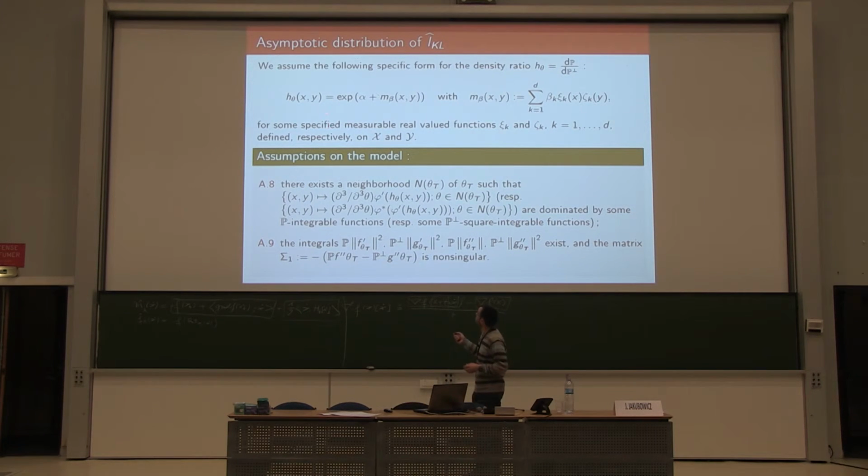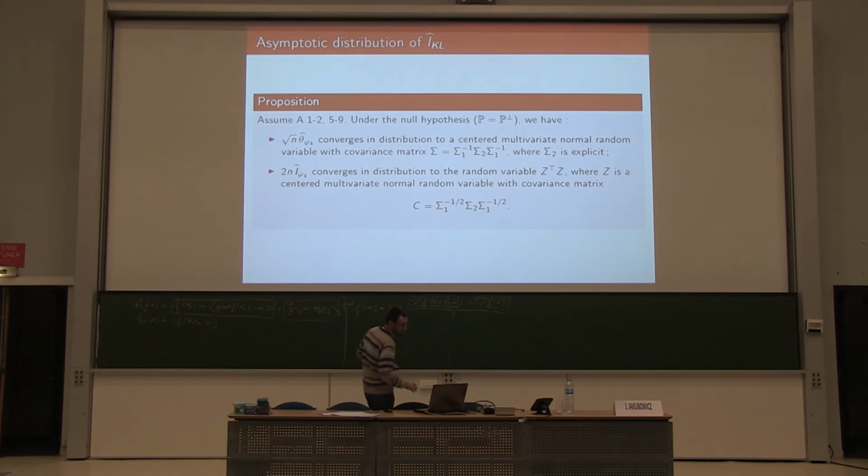You have to assume that the model is an exponential family with separated values for the functions inside the exponential family. Okay, so for that kind of model, and under the classical assumptions of regularity and differentiability, we can make explicit the asymptotic distribution of the dual estimator of the Kullback-Leibler mutual information.